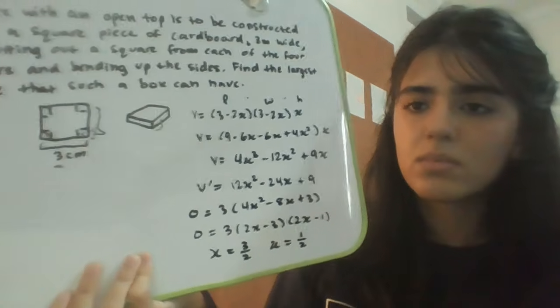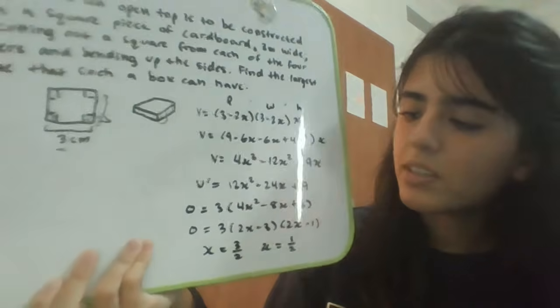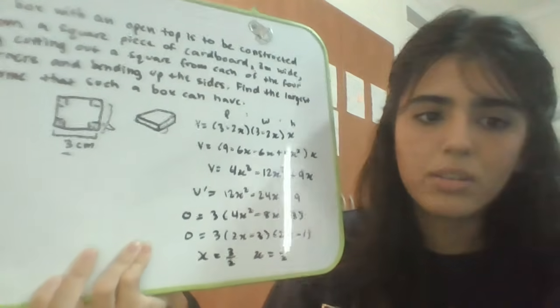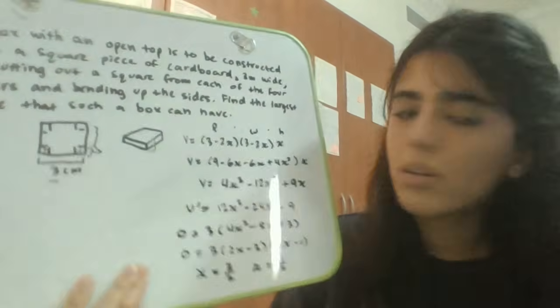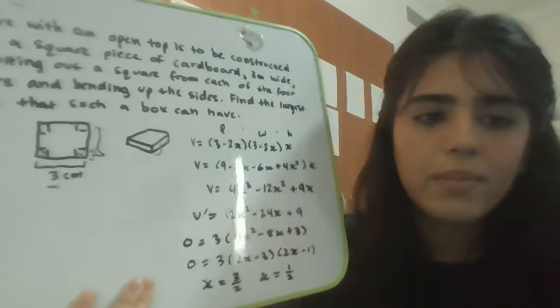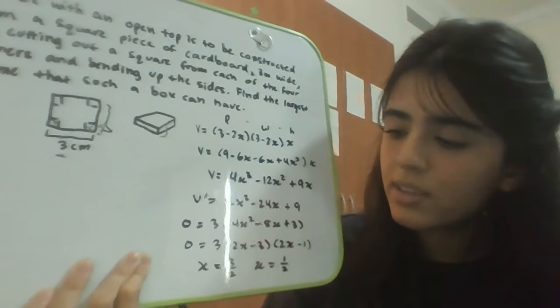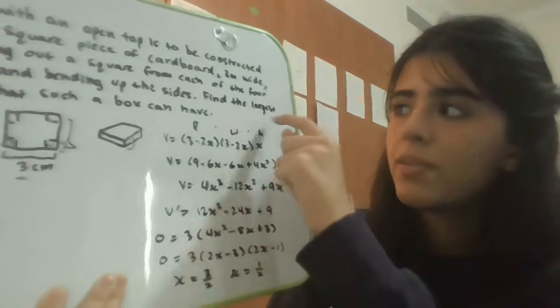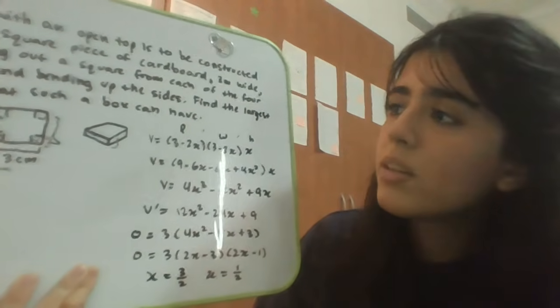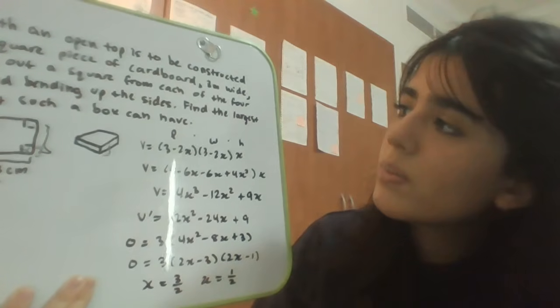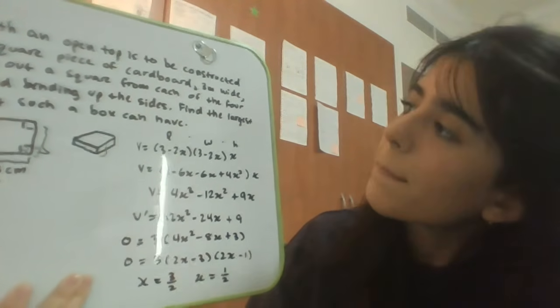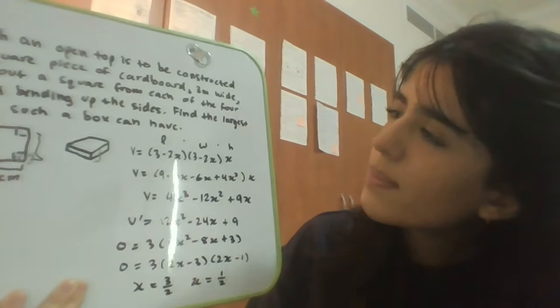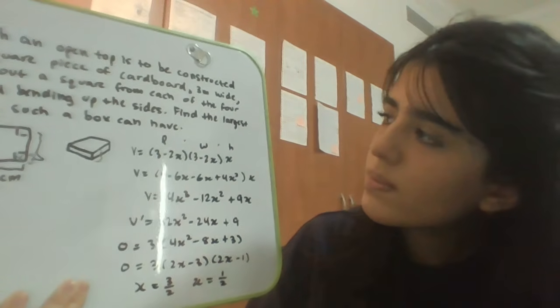Okay, guys, so after factoring, you have two answers, okay? Before picking your one answer, you need to be very careful because one of these is an extraneous root. You cannot use it as the answer as it doesn't fit the criteria. You're finding the largest volume, okay?